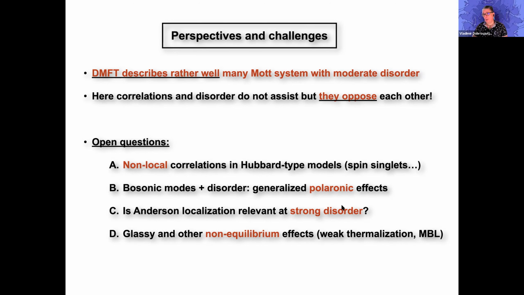You have to do a 2-site cluster calculation, allowing this intersite singlet formation to strongly assist the formation of an insulator. So this is an example where some strong correlation effect is important, but you cannot capture it in a single-site approximation. That's what I believe happens there.